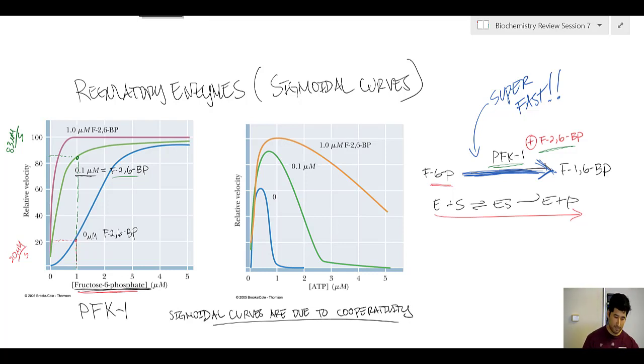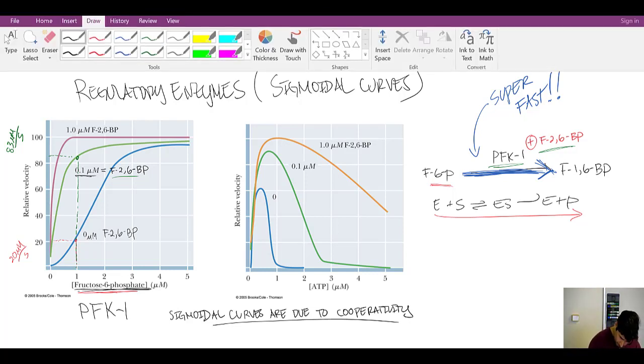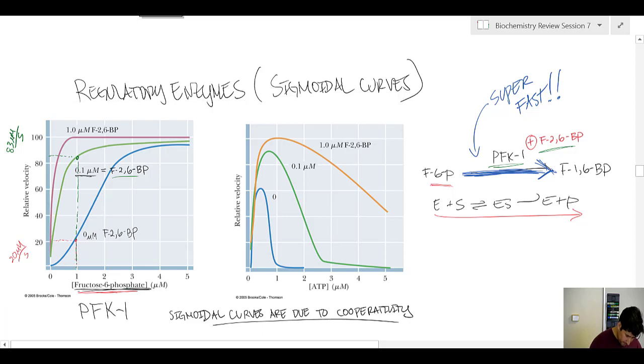Good job. All right, and so what happens when we increase that amount of fructose 2,6-bisphosphate? What has happened to the cooperativity then? What do you guys think? It's decreased even further. And so that's why the velocity increases. Are there any questions about that?